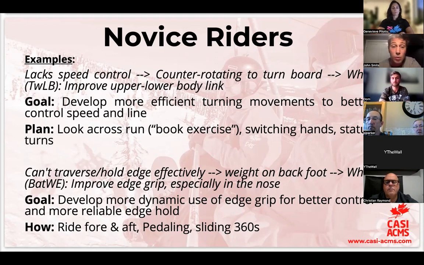Another exercise that would work great for this is the hand switching exercise. If you guys haven't seen that one, you'll have to join us on a member session, or statue turns. So just making sure that if we are turning the upper body, the lower body is working with it, and they should be rotating in the same direction all at once.